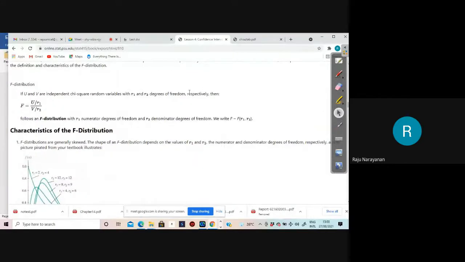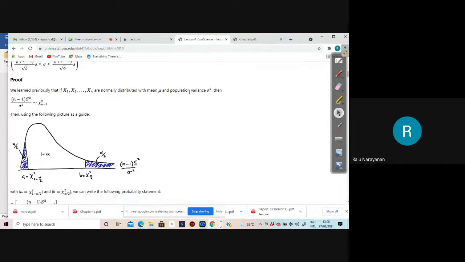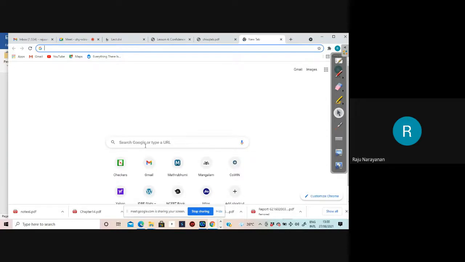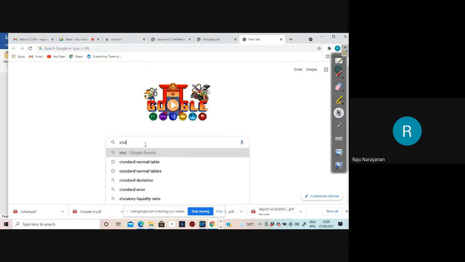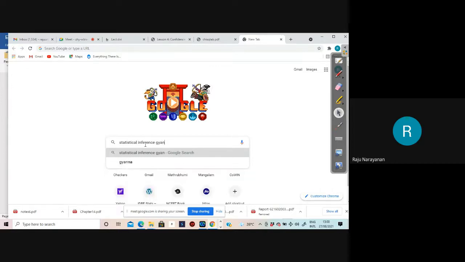Also some study materials from IGNOU are freely available, on statistical inference. That is also a wonderful source of reference.